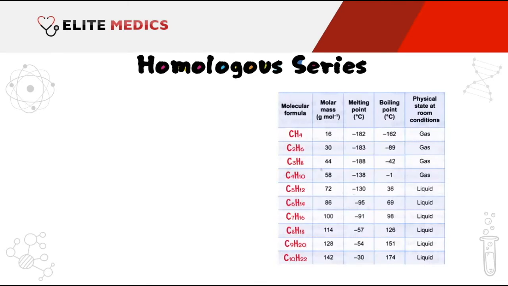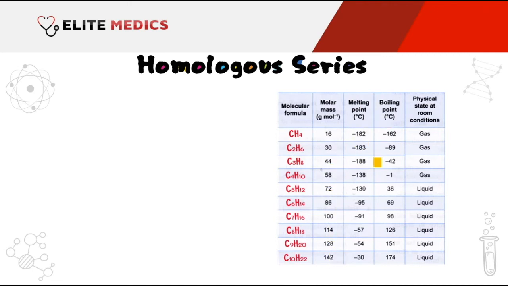Now, for instance, we've got a bunch of alkenes here, and alkanes here, and what you can basically see is that as we go down, so here we've got 1 carbon, 2, 3, 4, 5, 6, and as the carbon numbers are increasing, the mass is evidently increasing.